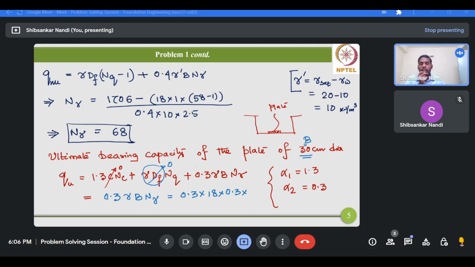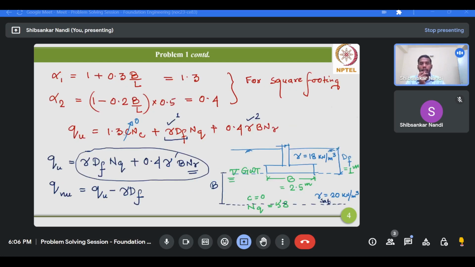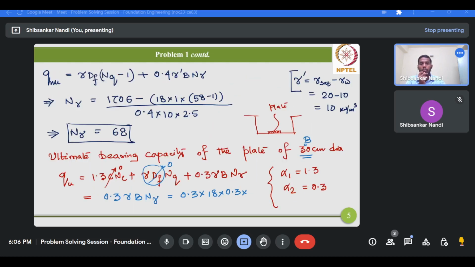And N gamma we have calculated from the net ultimate bearing capacity of the square footing, and this is 68. Since the soil deposit remains the same, if you calculate, you will get the ultimate bearing capacity of the plate as 110.16.